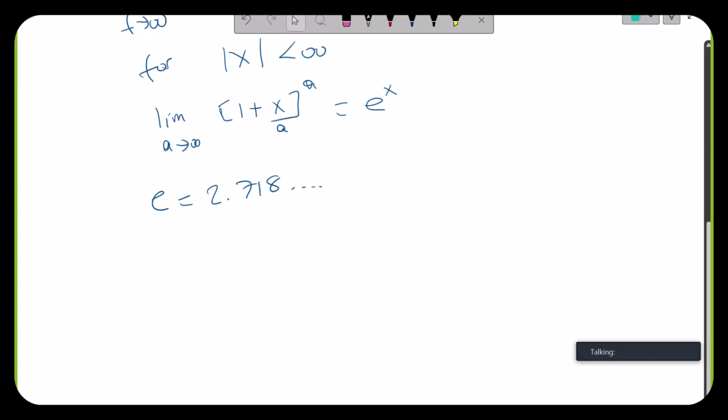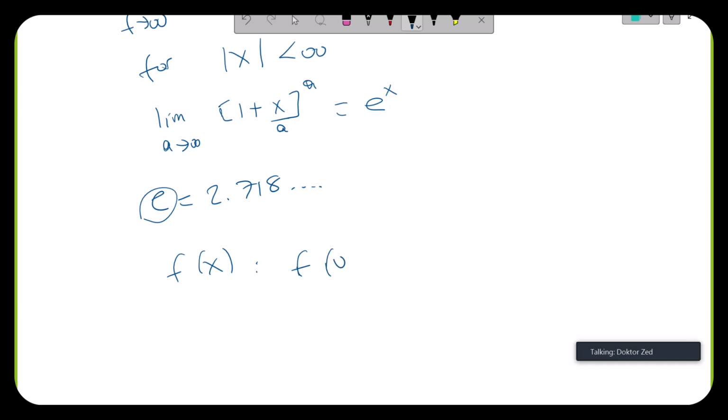Do you know where that number comes from? It is the answer to the following question. Think of an arbitrary function f of x such that f of 0 is 1, and the derivative of f of x is also f of x at all values.